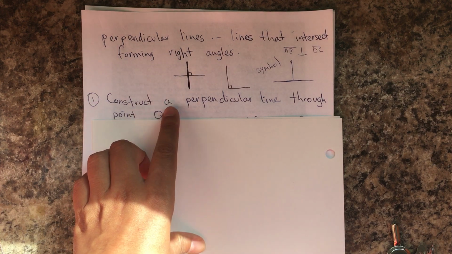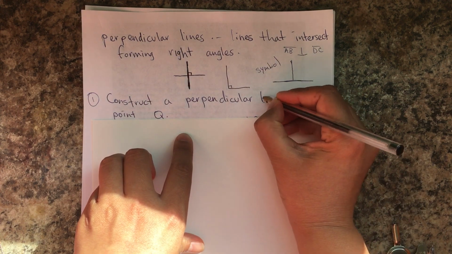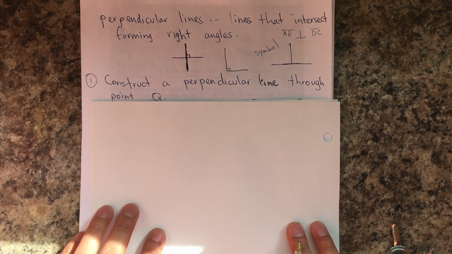And so in here it says construct a perpendicular line through point Q. I already did this, but I'm going to show you how to do it.